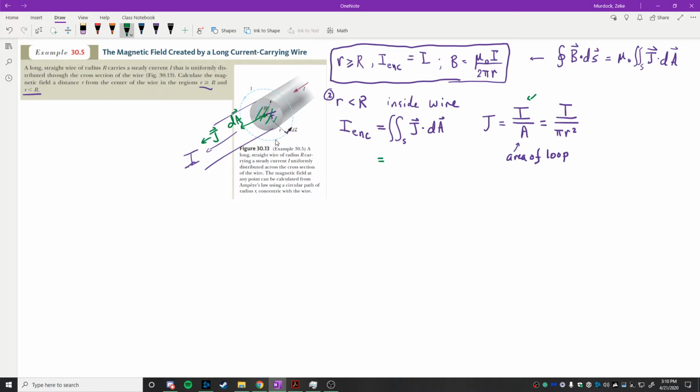So for the whole wire, my bad, this is wrong. This is what the current density is. It's pi times big R squared, my bad. Because this is the area, not of the loop. It's the area of the whole wire, or of the cross-section of the wire. I'm so sorry about that.